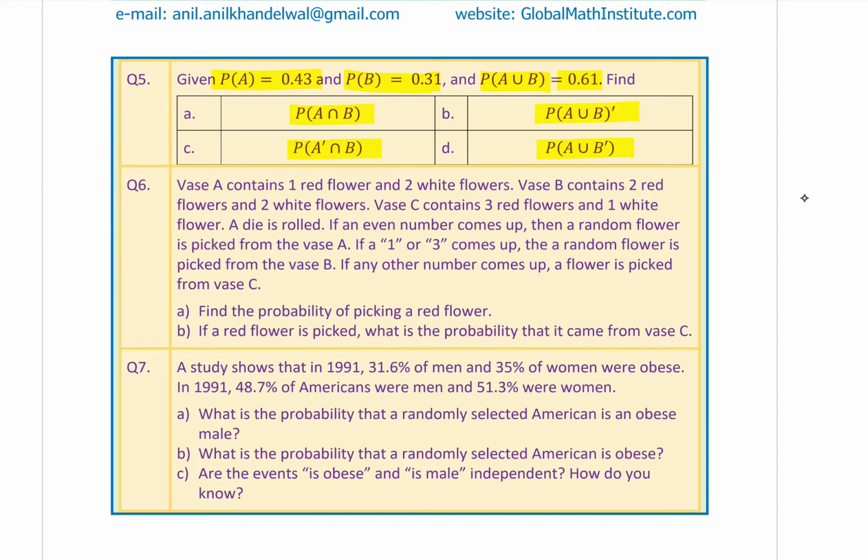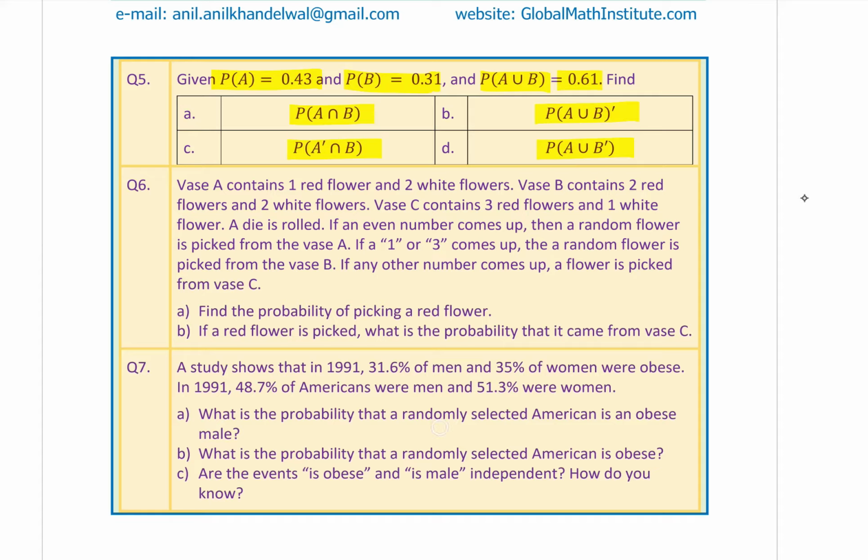Now here is the last question which we are going to discuss, which is, a study shows that in 1991, 31.6% of men and 35% of women were obese. In 1991, 48.7% of Americans were men and 51.3% were women.